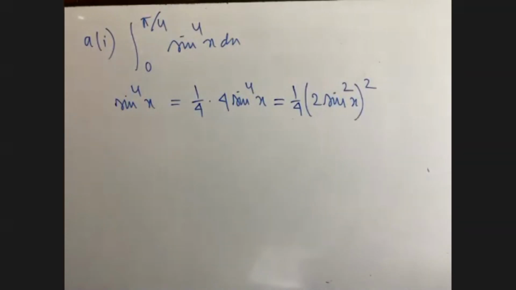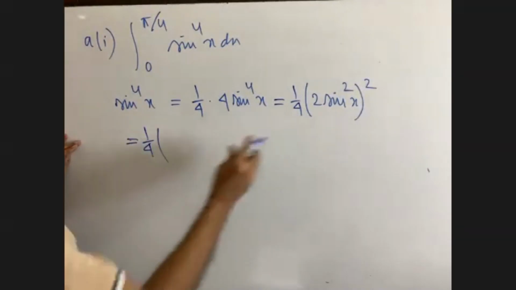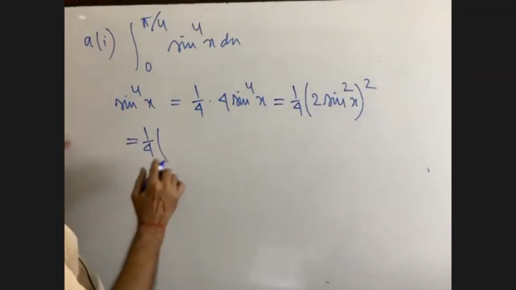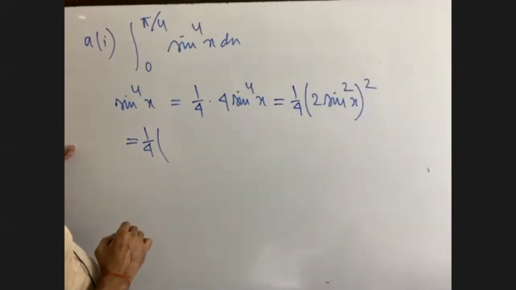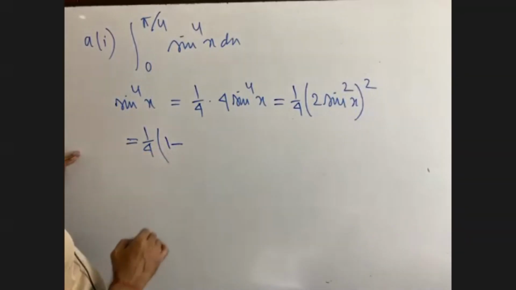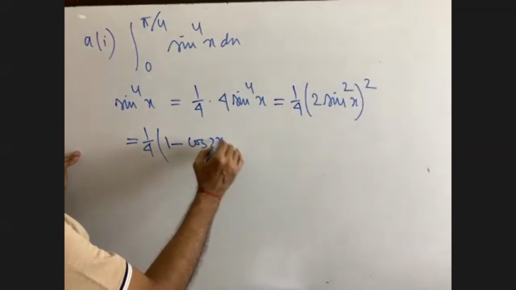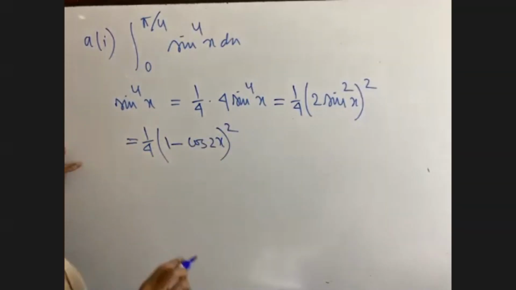Is it okay? Yes, sir. That means 1 by 4, 2 sine square x means what? 1 minus, talk to me, cosine 2x, whole square. Is it?